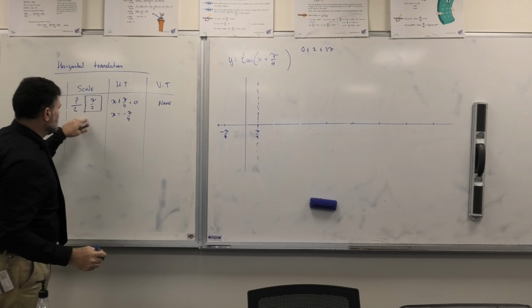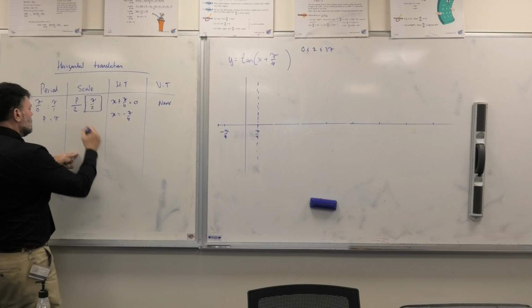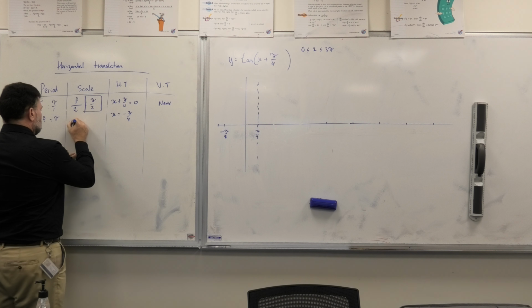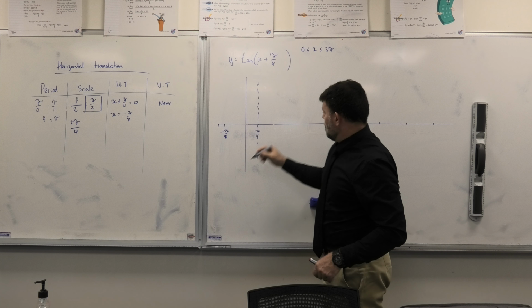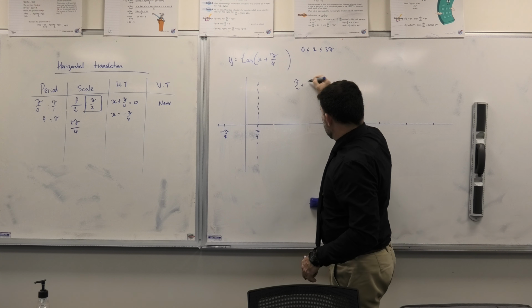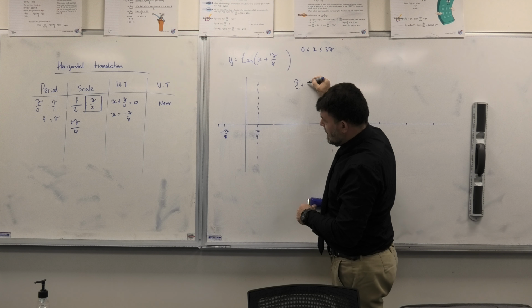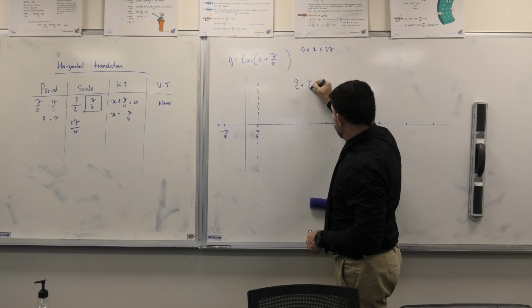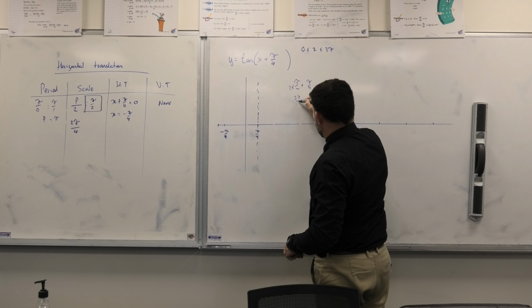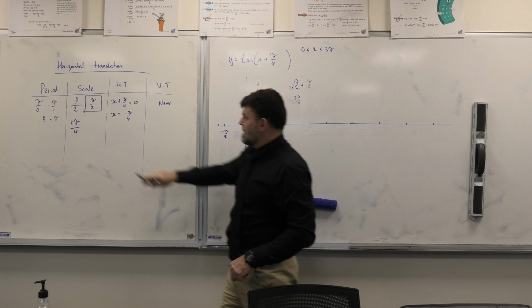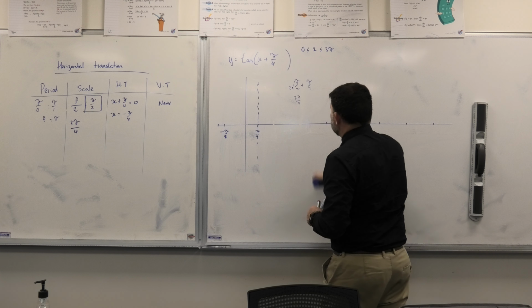Why don't we just make this here 4 so we can add it quickly? So therefore, this here will be 2 pi on 4. How do I get that? Pi on 2 is the same as 2 pi on 4, I have to times this here by 2.